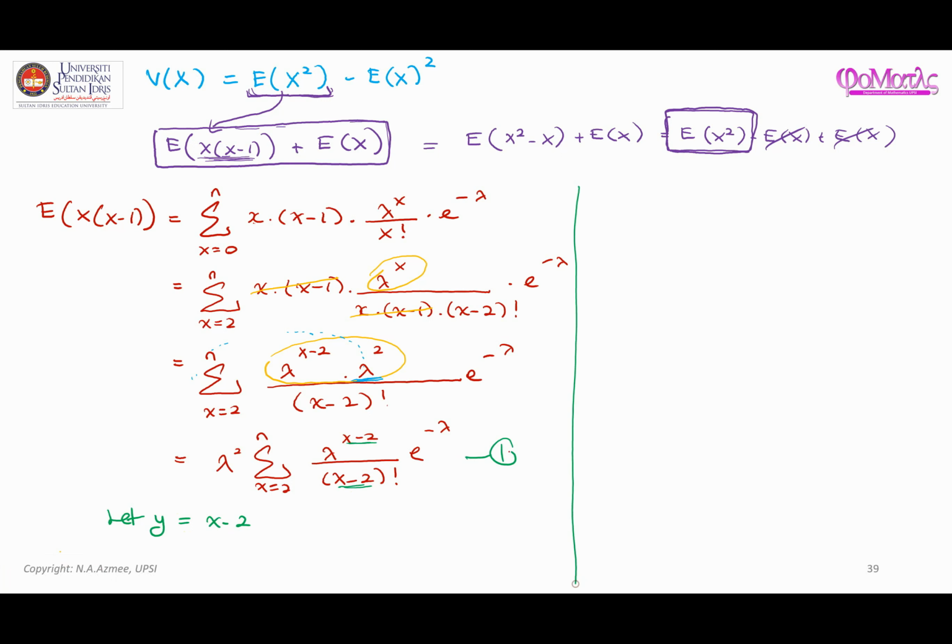So equation 1 becomes lambda squared, times the sum of lambda to the power of Y over Y factorial, times e to the negative lambda. We know if X is equal to 2, then Y is going to be 2 minus 2, so Y will begin from 0, and if X is n, then Y is going to be n minus 2. Well, n minus 2 is some value, so we can just call it n as well, so it doesn't matter.